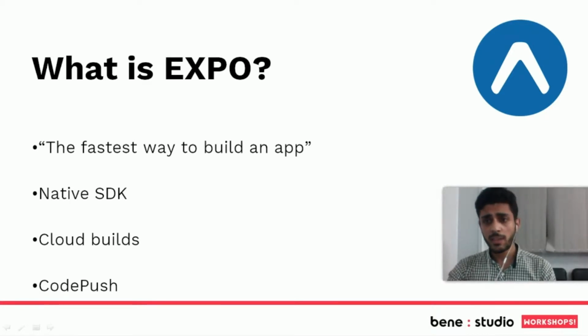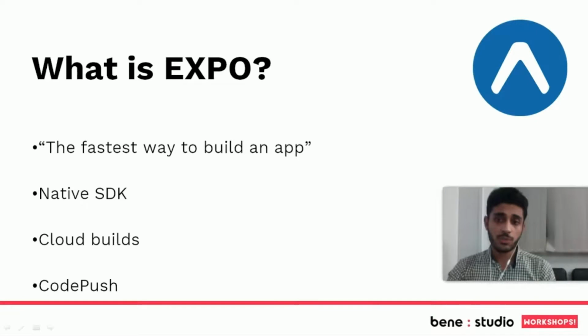It gives you a native SDK that lets you have almost all features that you can use when you're building a React Native app. That is like a camera, the Firebase, for example, the maps. You can use any feature that you can embed into a React Native application, and it's working right out of the box in Expo.